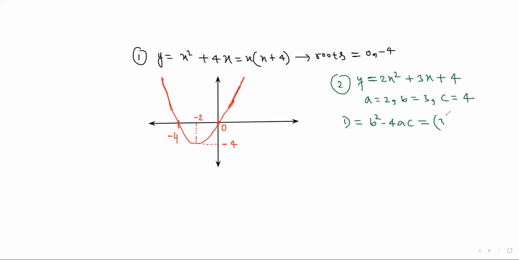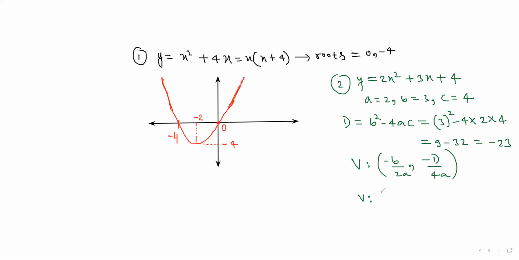B square is 3 square, minus 4 times a and c. 9 minus 32, I think minus 23. What is the vertex? The vertex will be minus b upon 2a, minus d upon 4a. So the vertex is minus 3 by 4 and minus d upon 4a, 23 upon 8. Okay.